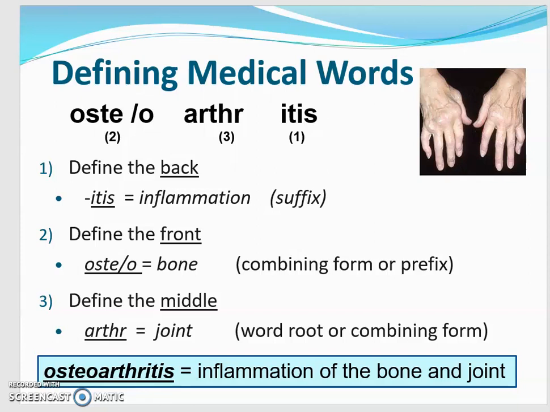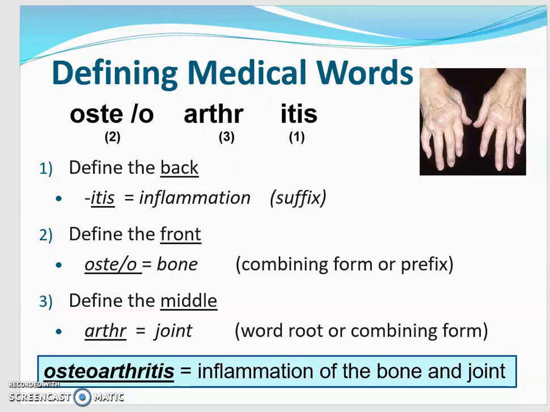So now we have the next line down, the 2. It says define the front. And if we go to the front of this word and we look at the number 2 in parentheses, osteo. So that's the next part we're going to go to. Osteo, which means bone. So far our definition means inflammation of bone. Now there's a third component here because this is a compound word.